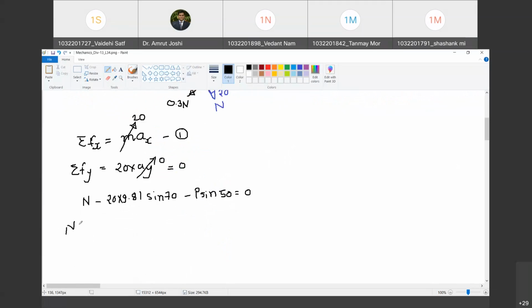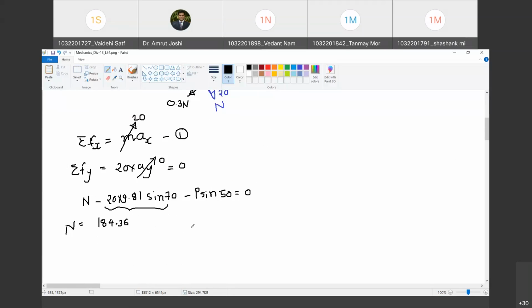N will be equal to, can you tell me this first term, how much it is? 20 into 9.81 into sine 70. Ensure that your calculator is in degree mode. So tell me that. Sir, it's 184.36. Okay.